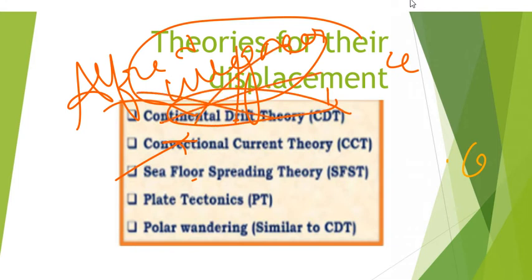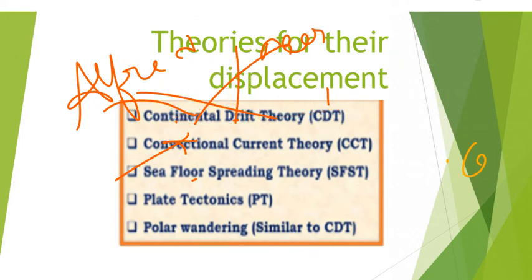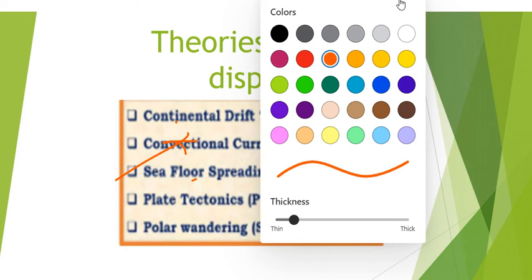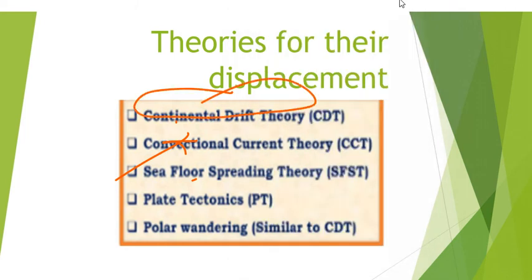But there was still a small belief in the continental drift theory that the whole Pangea was there before, but now it is not there because of drift. But the reason behind the drift was not explained by this theory. So this resulted in the convection current theory.